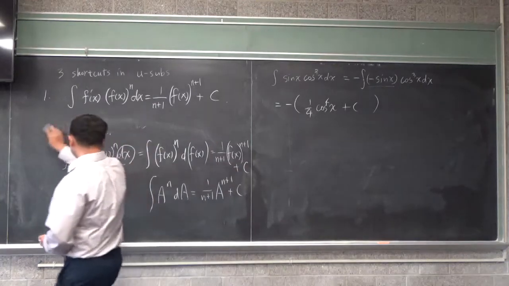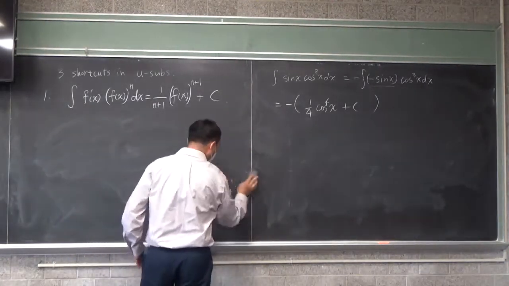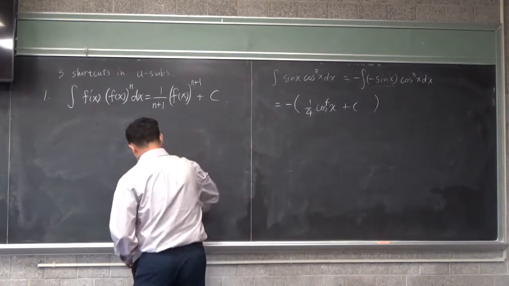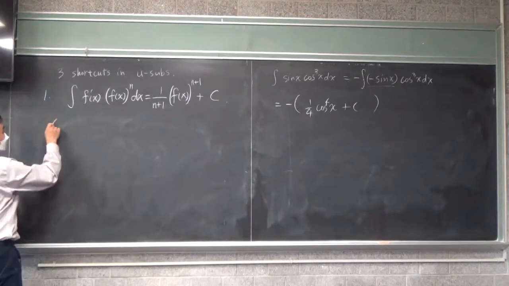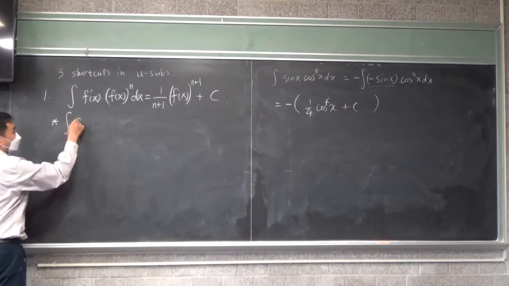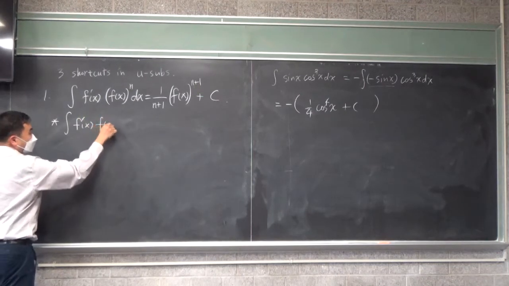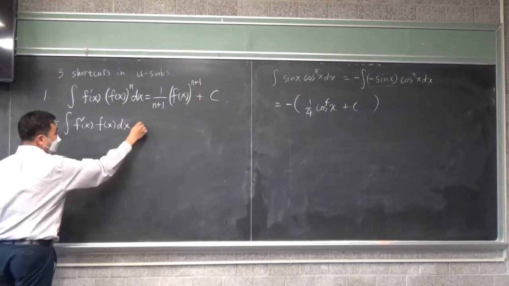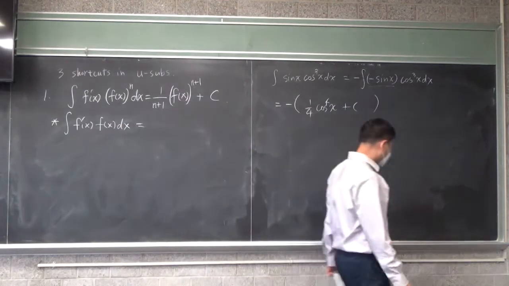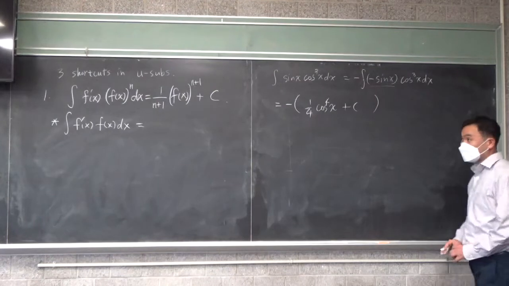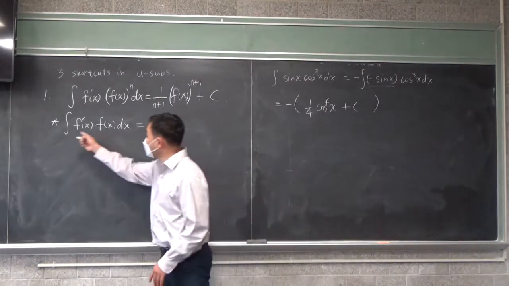Okay. Now there's a specific form which is more often used than the others, which is if you have a product of the function and its derivative, what would that be? What's the integral of this?